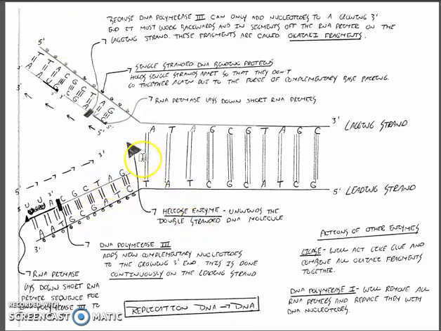So in order for replication to begin, the first thing that needs to happen is we need to unwind the double-stranded DNA. DNA is held in a helical format, so in order to give the 30 different enzymes responsible for replication access to the DNA, it needs to be unwound and basically unzipped.